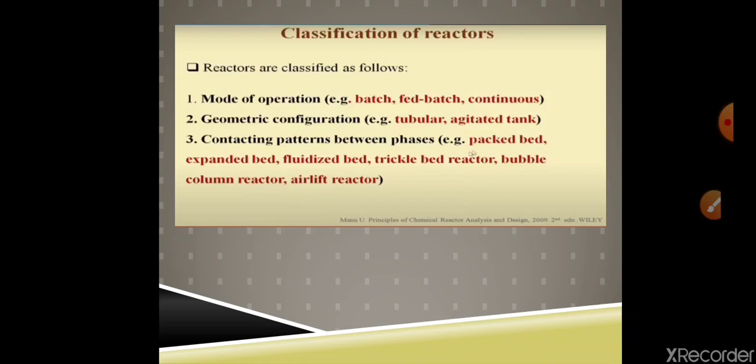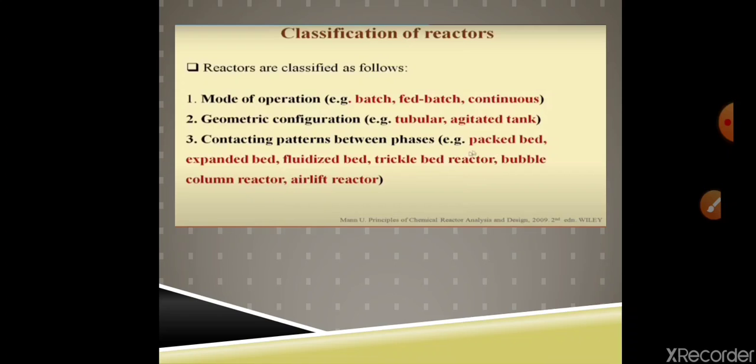Then the different types: you can see packed bed reactors, where the particles are touching each other, as I will show in the diagram. In the expanded bed reactor, the particles are detached from each other, and in the fluidized bed reactor they are even more detached. The trickle bed reactor is similar to the packed bed reactor.